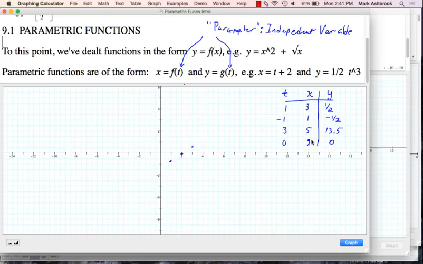And let's do -2 and 2, just to get a couple more. -2 gives (0, -4), check my math. And 2 gives (4, 4).